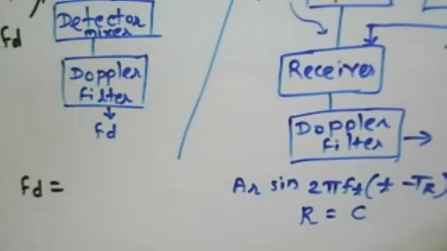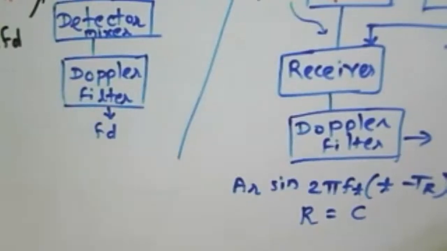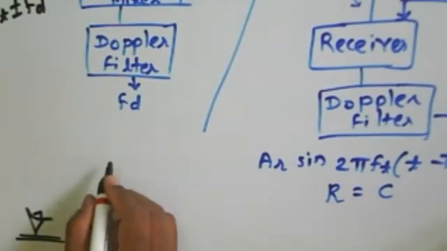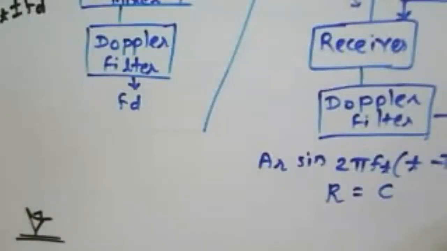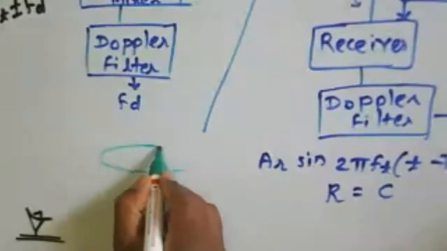Now, as we have mentioned earlier, we have the object. Suppose I consider that this one is your transmitting antenna. This one is transmitting the signal, and we have your target.